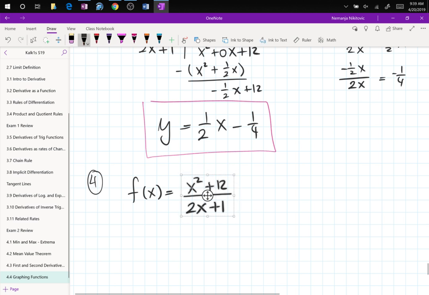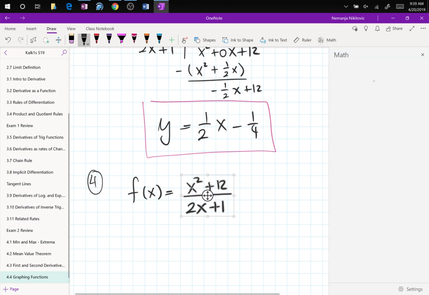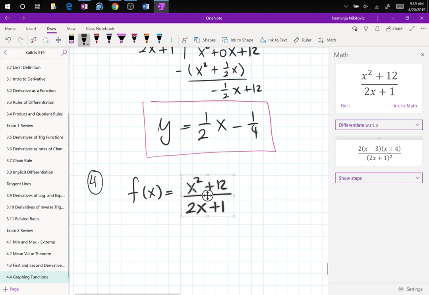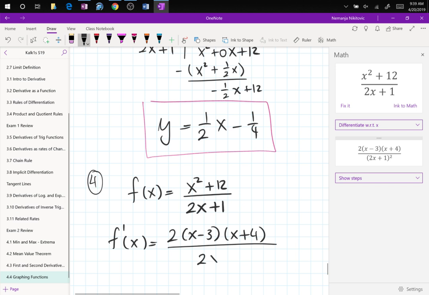To find the derivative, you box this using the special key. You push the math button, you go on a pull down menu and you say differentiate. That's the fastest way to do the derivative. So it gives you that the first derivative is equal to 2x minus 3 times x plus 4 divided by 2x plus 1 squared. All right, so that's the fastest way to do this.